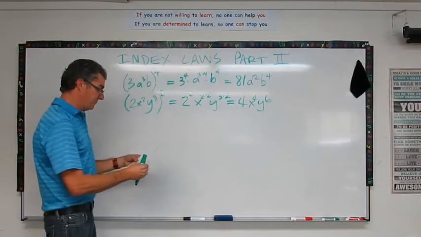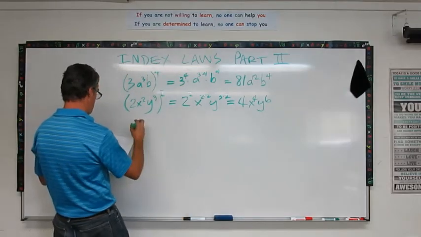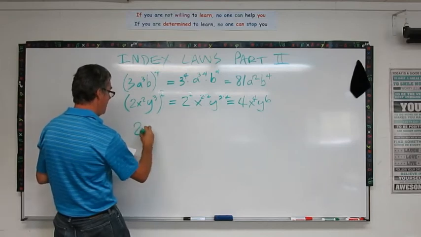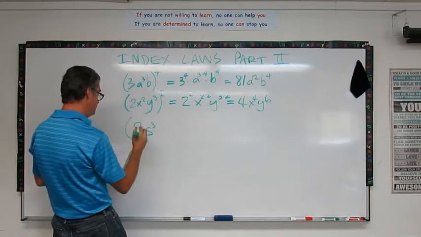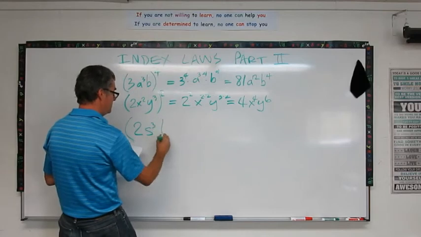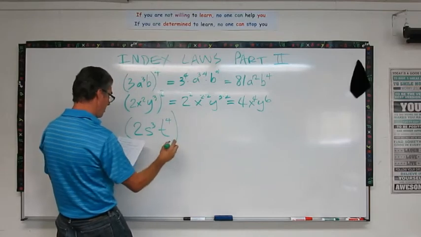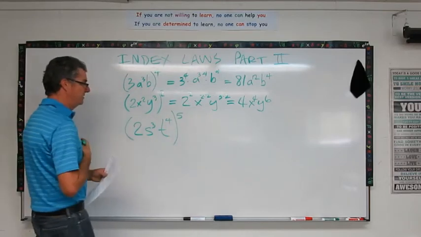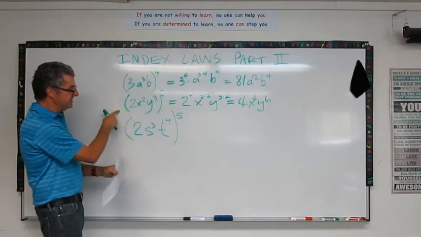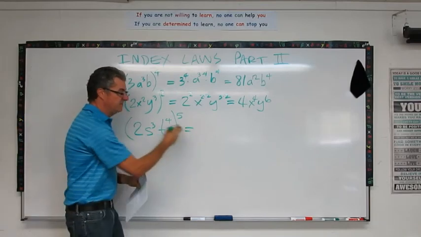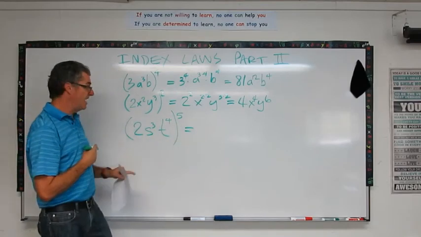Let's do another one. (2s to the 3rd t to the 4th), all raised to the 5th. Okay, very similar to these two. Pause the video. Let's see how you did.